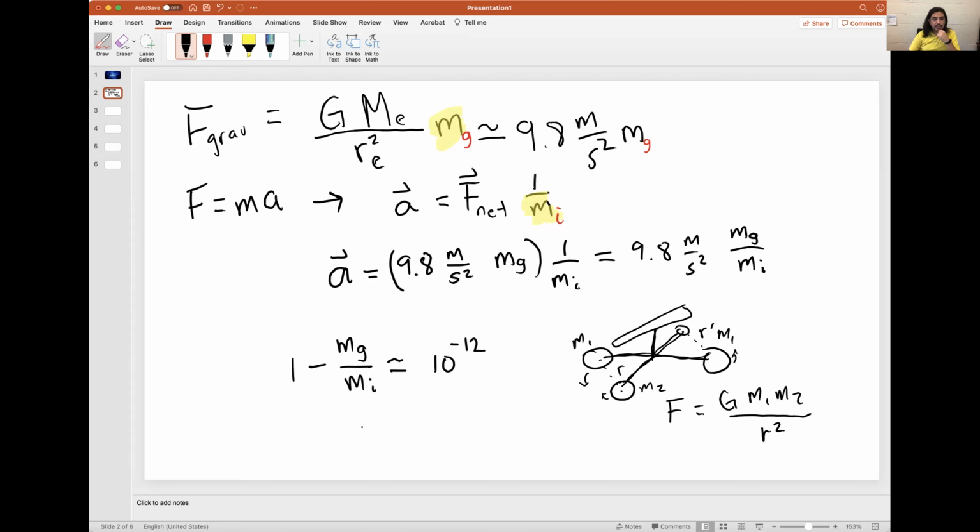But maybe there's another universe where mg over mi is actually 1.1, right? Or another number close enough to it, but not exactly the same. Then that would mean that inertial mass and gravitational mass are not exactly the same. All right, so that's the first thing that I wanted to cover.